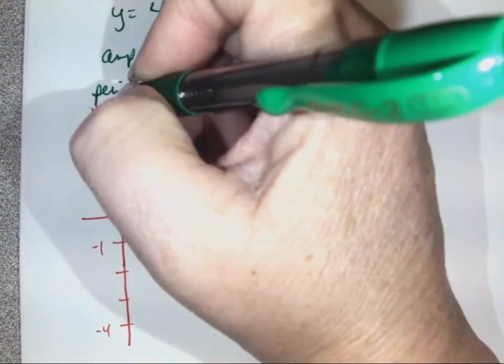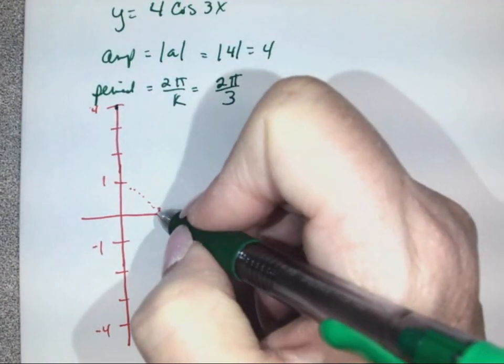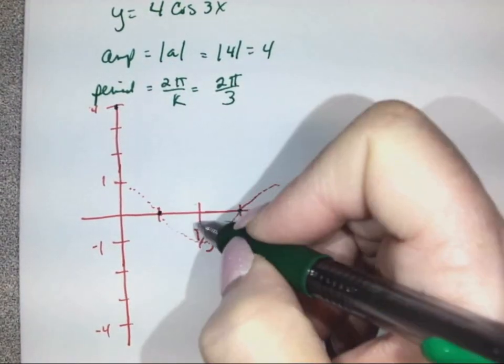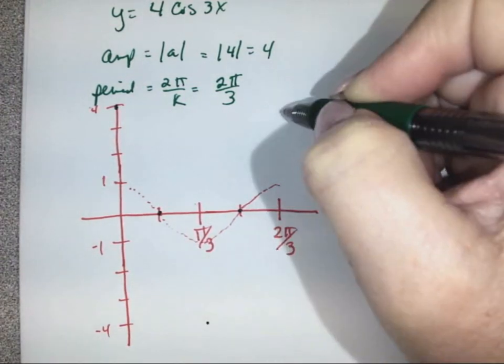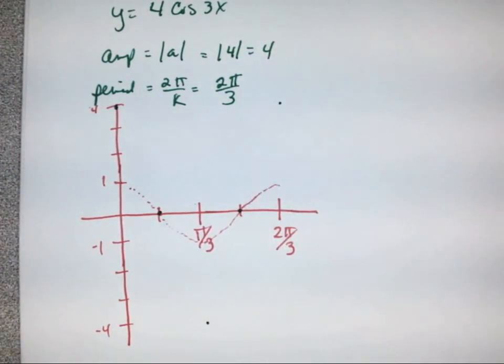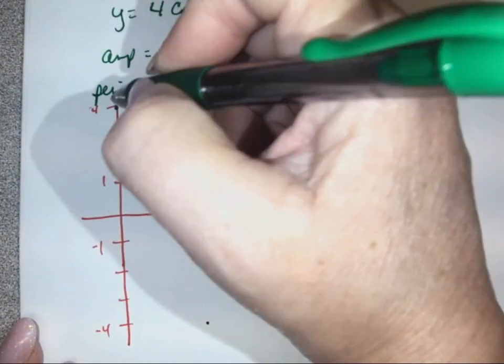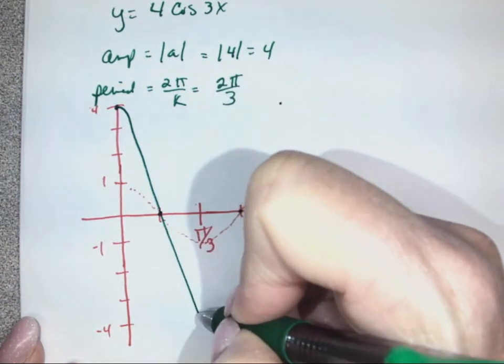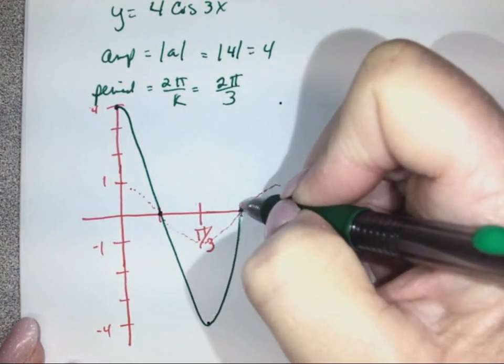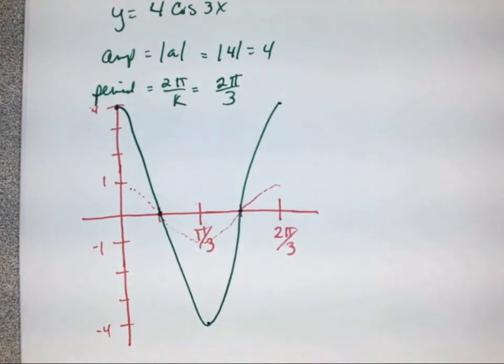So 1 times 4, we're going to land up here. Still going to be at the zeros. Negative 1 will get us down to negative 4. And this one will get us back up to 4. All right, so we're going to try and kind of curve, come down and curve back up, and then curve out. So there we go.